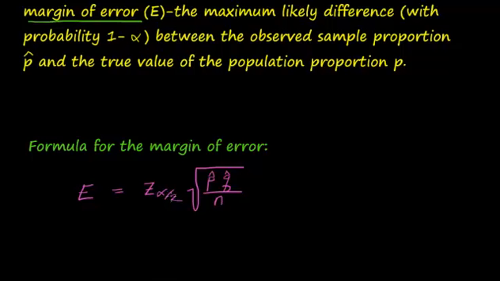You'd have your confidence level, so you know what your critical values are. You've computed how many people said that they read at least one print book per year or whatever. So you've got that proportion, that sample proportion. 1 minus that is your q hat. So let's write that over here. Z alpha over 2, that's our critical value.